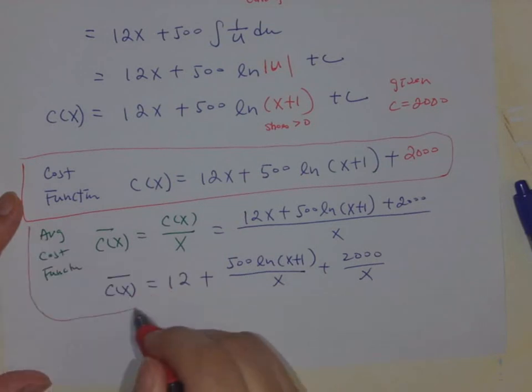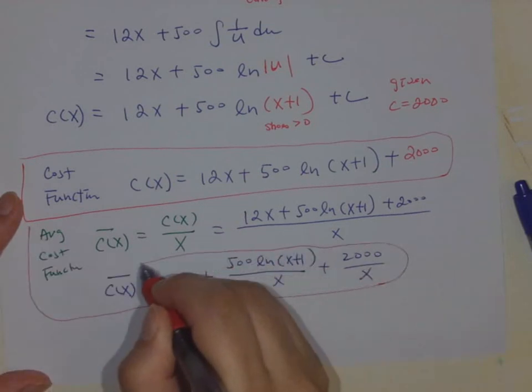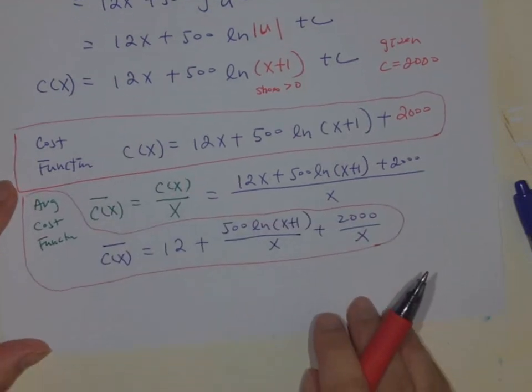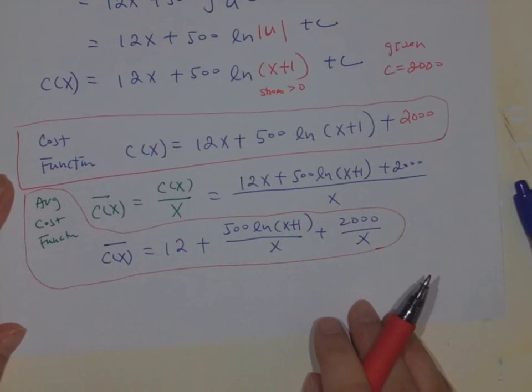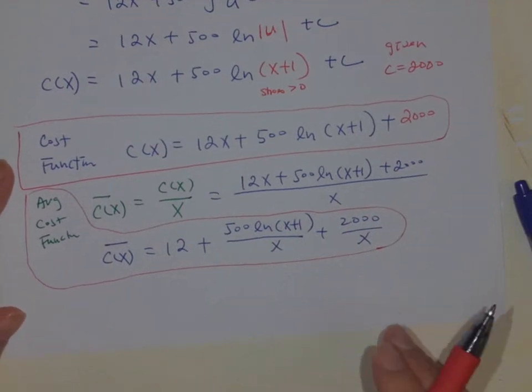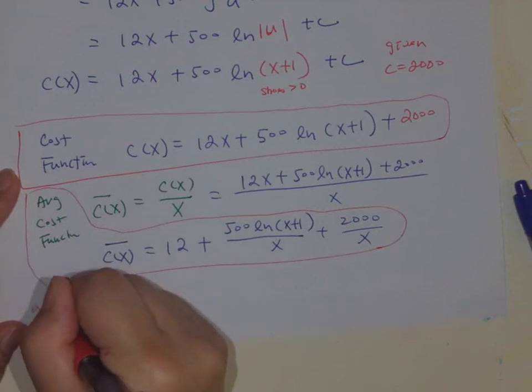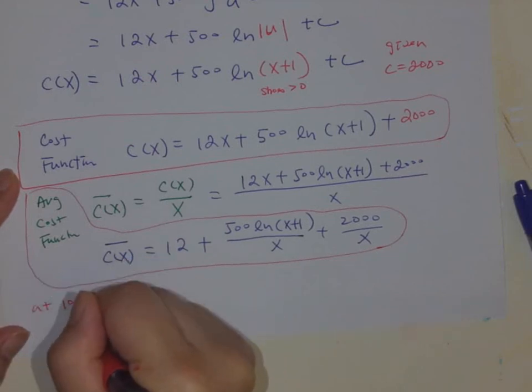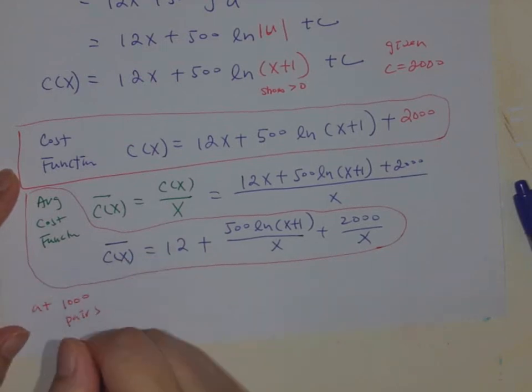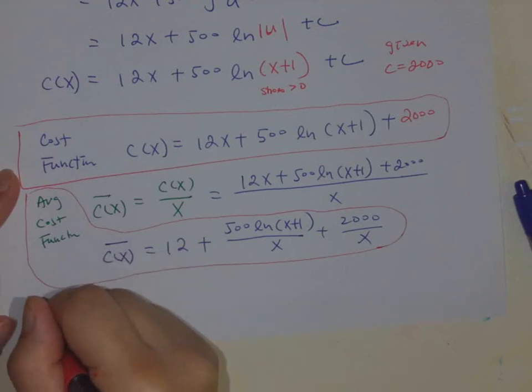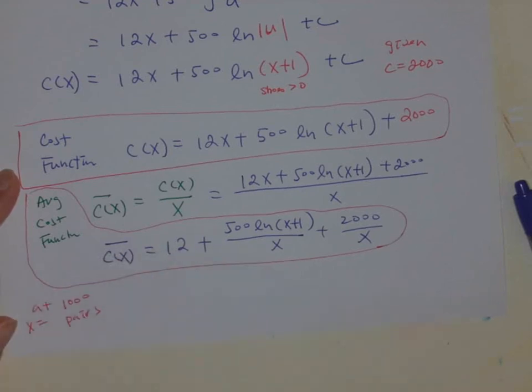That's my average cost function. But they didn't just ask for the average cost function. They want to know the average cost per pair of shoes when the production level is 1,000 pair. At 1,000 pairs, that would be x equal to 1,000.